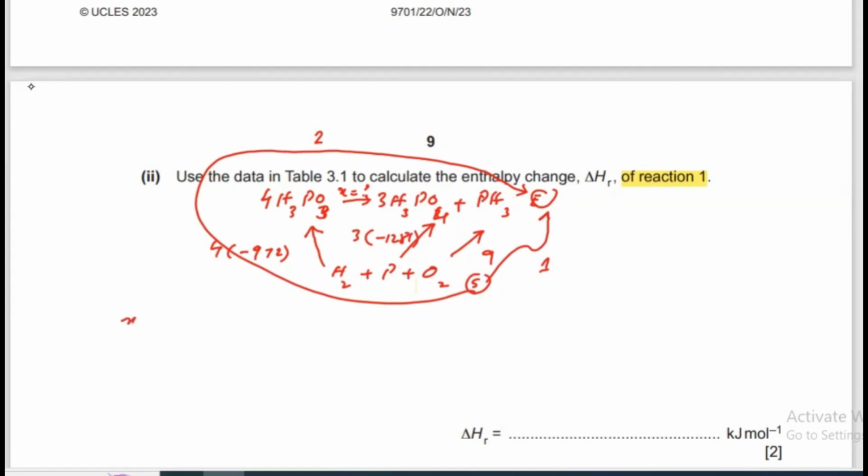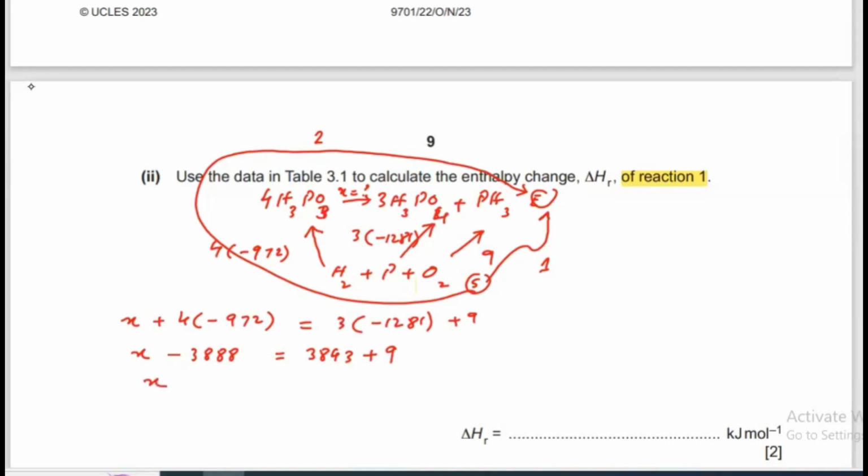There are two changes in the second route and two changes in the first route. So x plus 4 times minus 972. This is the second route, and that is exactly equal to the first route, which is 3 times minus 1281 plus 9. So this is x minus 3888, which is equal to 3 times minus 1281, which is minus 3843, plus 9.